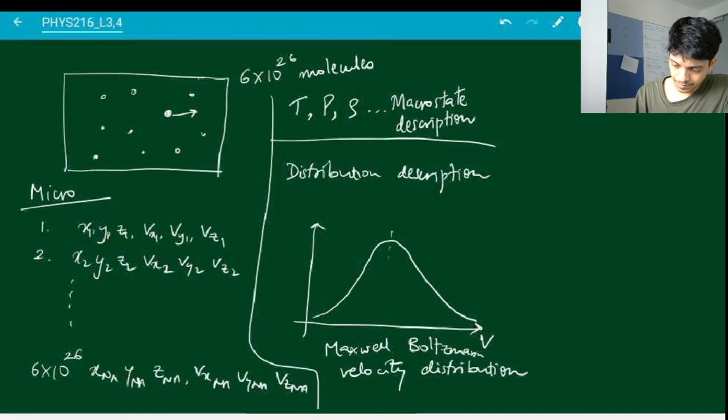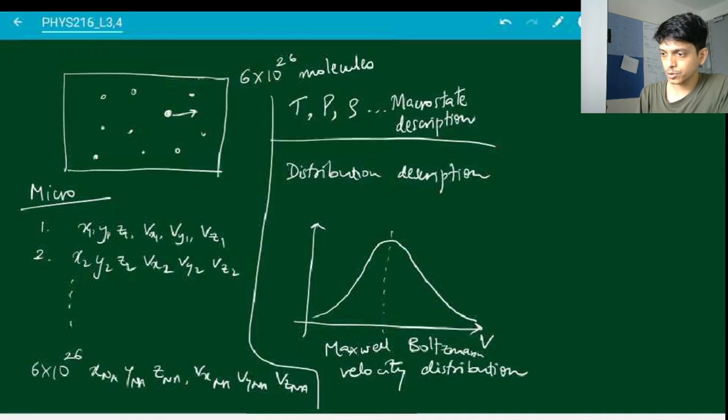And the mean velocity over here depends on the molecular weight of the molecules, and it depends on the overall temperature. So this is the distribution description for the system. So like in various statistical systems, you can have a micro level description, a distribution level description, and a macro level description.